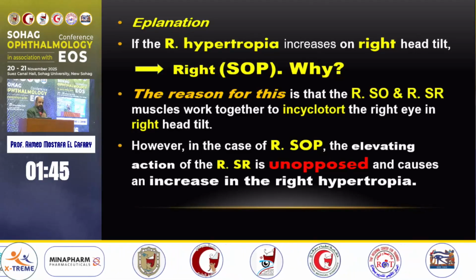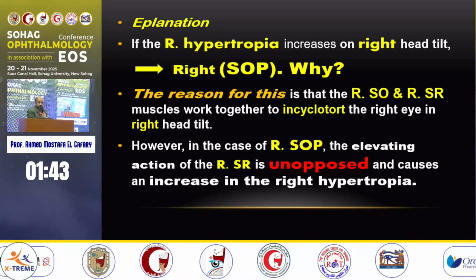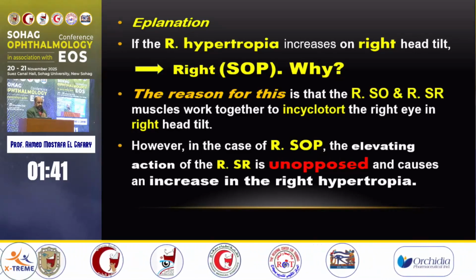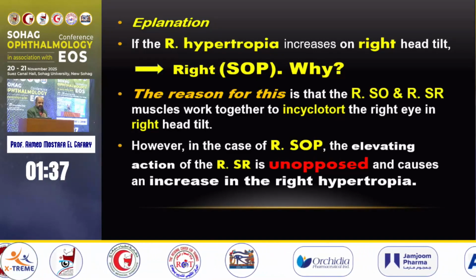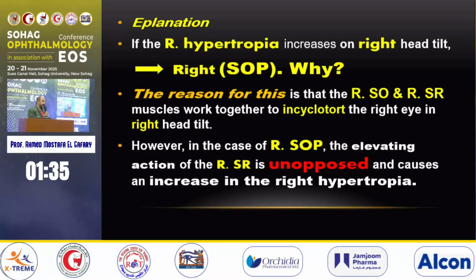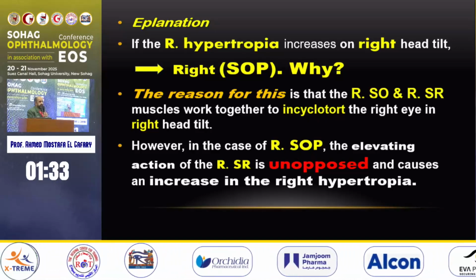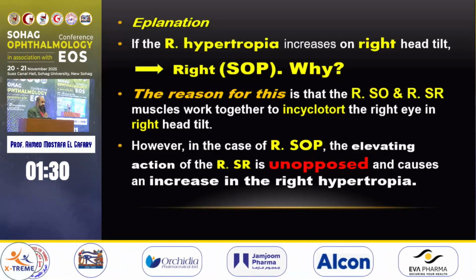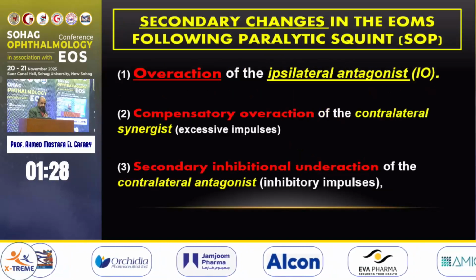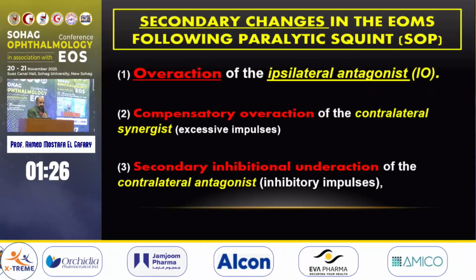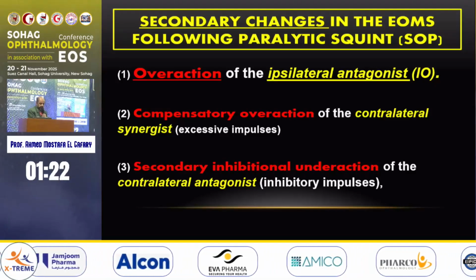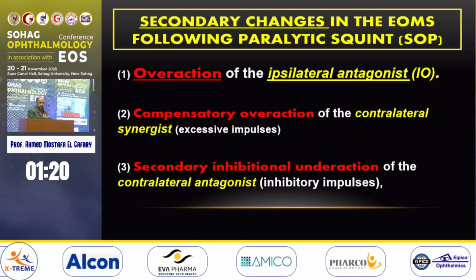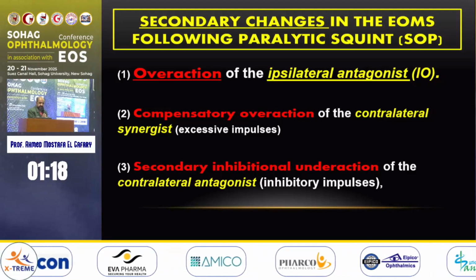So in case of right superior oblique palsy, the elevating action of the superior rectus is unopposed and causes an increase in right hypertropia, with the intorsion that the superior oblique does not perform because it is paralyzed. Among the secondary changes in extraocular muscle following paralytic squint or superior oblique palsy is overaction of the ipsilateral antagonist.